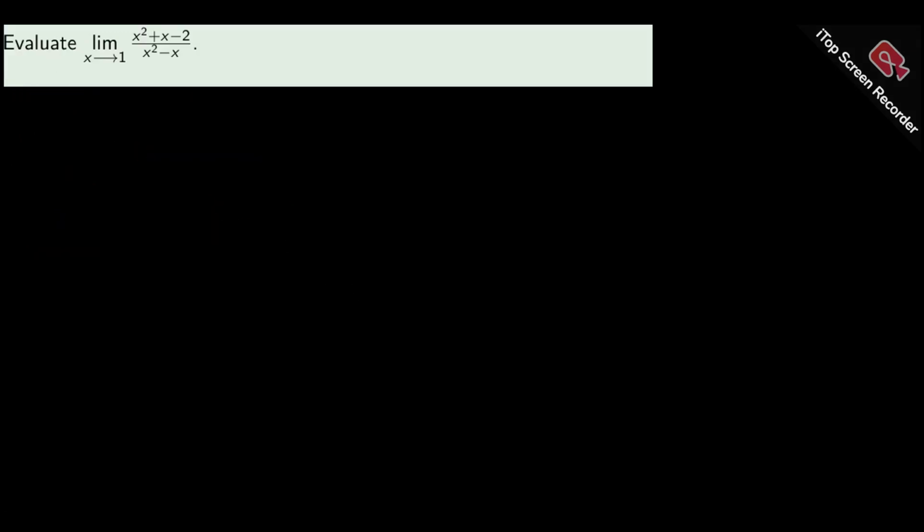let me just erase. We can see that when we substitute 1 directly in this expression, the 0 in the denominator will become 0 as well. This form is known as indeterminate form, and whenever you have this indeterminate form by direct substitution, then you gotta do something else to the thing that you have there. We're supposed to factorize it or maybe multiply by the conjugate.